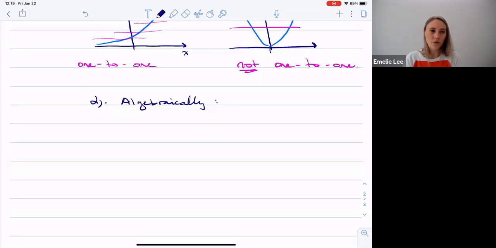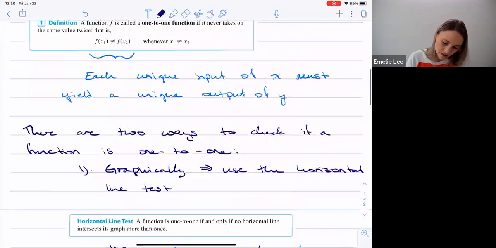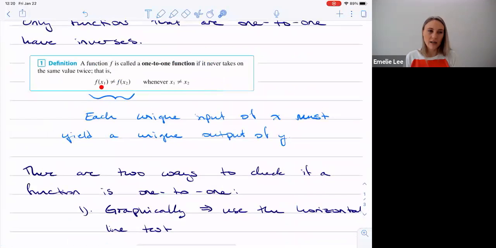what we do is we take this definition: the output at x1 can't equal the output of x2 if x1 is not equal to x2. So how we translate this into something that we can work with is, instead of x1 and x2, I actually like to use a and b.